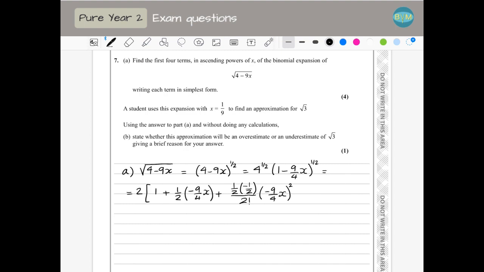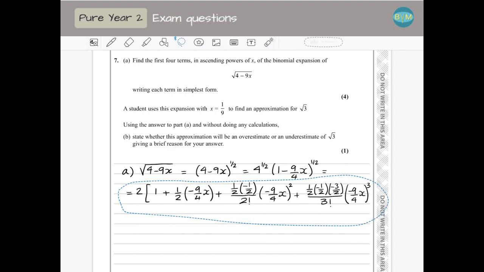I need the first 4 terms, so we have 1, 2, 3, we need 1 more. Plus n(n minus 1)(n minus 2) divided by 3 factorial, and my x to the power of 3. So these are my first terms.